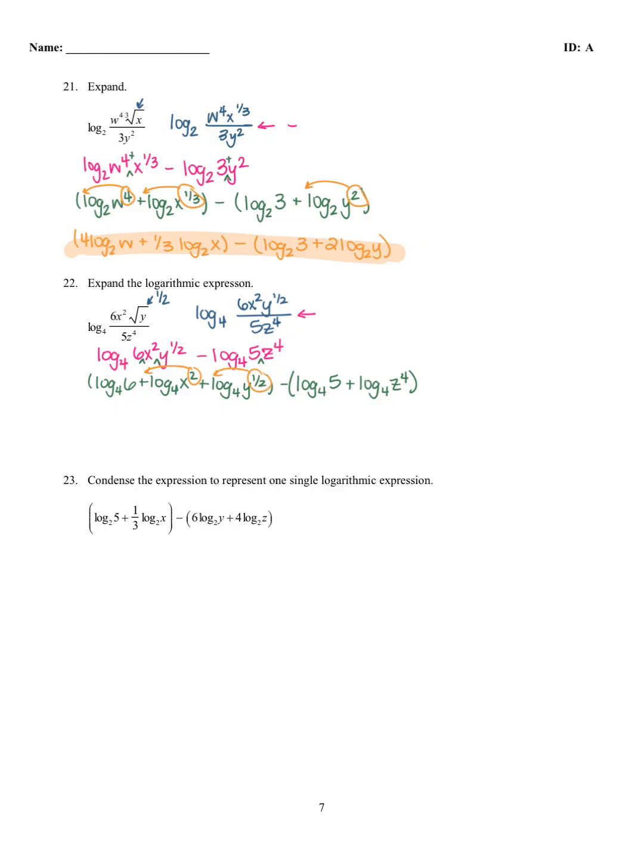So that's the 2, the 1/2, and the 4. So that'll give you log 4 of 6 plus 2 times log 4 of x plus 1/2 times log 4 of y subtracted with log 4 of 5 plus 4 times log 4 of z.